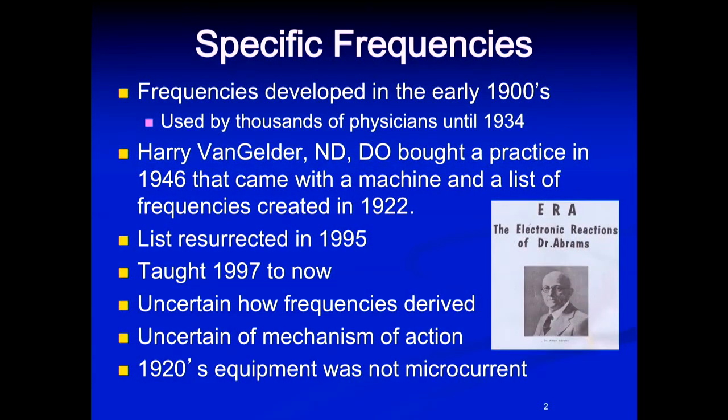So to just review from yesterday, the specific frequencies were developed in the early 1900s and used by thousands of practitioners until about 1934. Harry van Gelder was an osteopath and naturopath born in Australia.